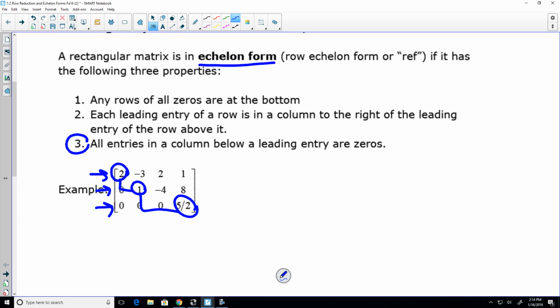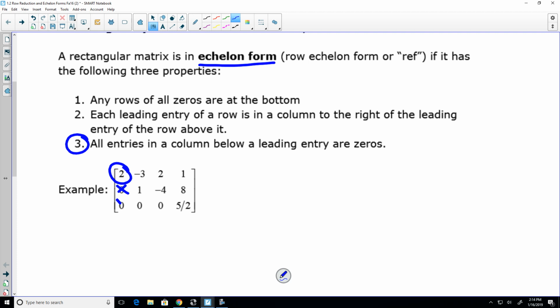All entries in a column that has a leading entry, all the members of that column below that leading entry, have to be a 0. So I have a leading entry here.